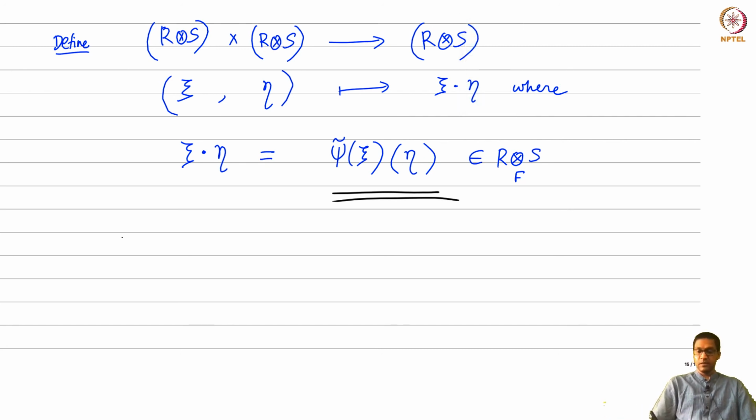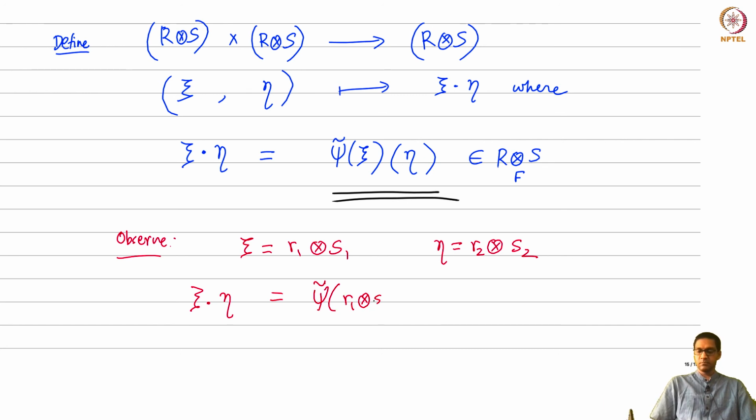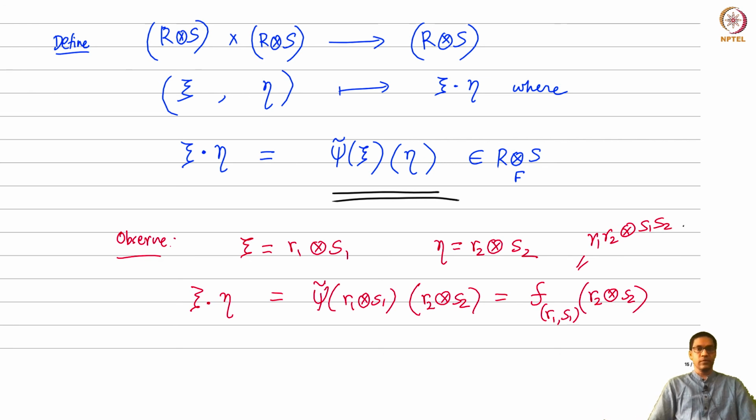Now observe that this definition has the following desirable property: if xi and eta are both decomposable tensors, then I evaluate psi tilde on the first, and evaluate the answer on the second. But we just saw psi tilde is nothing but F sub R1 S1 evaluated on R2 tensor S2, which by definition is exactly R1 R2 tensor S1 S2. So this is the correct, formal way to define it so that it's well defined, but on decomposable tensors it behaves the way we want.